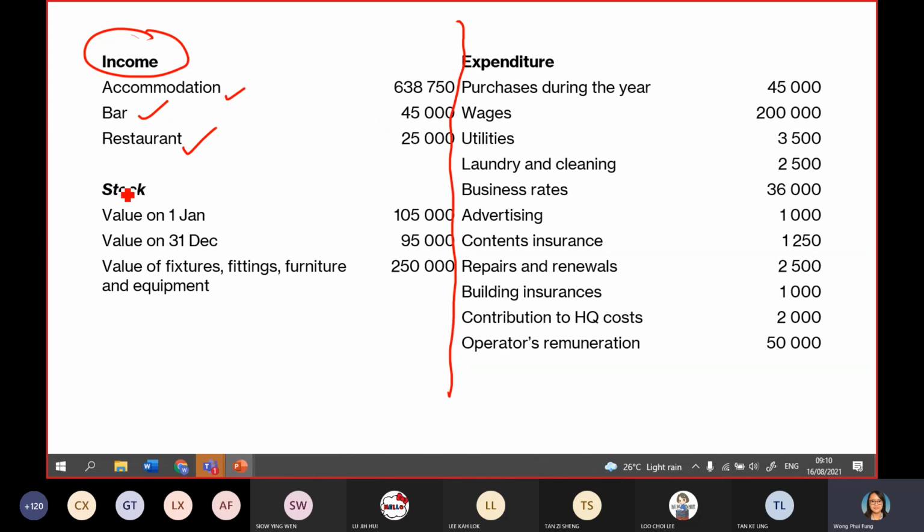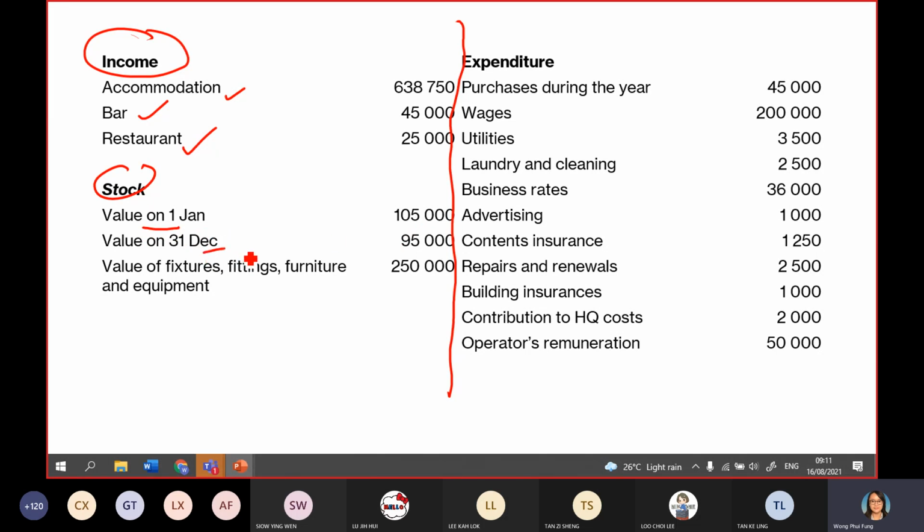Then for stock, you must remember stock is also classified as income, because stock later on can be sold, then can convert into money. Just like property, they can sell, later on become money. Here the value on 1st January is 105,000.